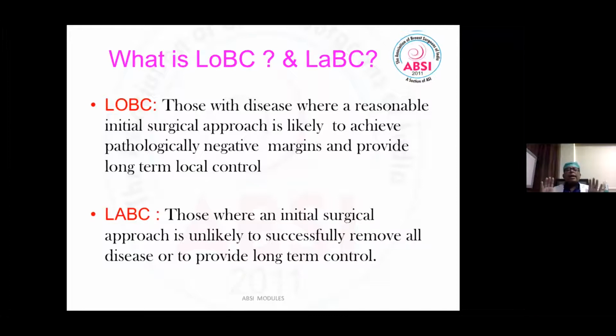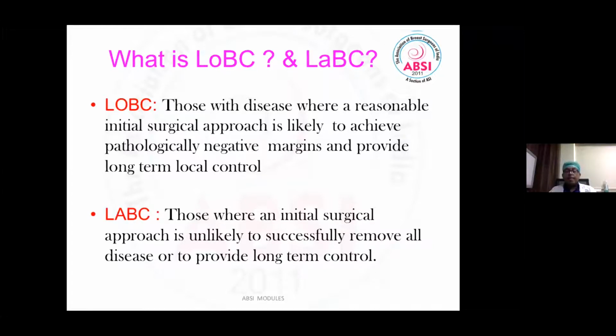Now, let us look at the data. What happens if you give chemotherapy first and then go for surgery? On the contrary, if it's a large operable cancer, you do surgery and then go for chemotherapy. The overall survival is the same, be it surgery first followed by chemo if it's operable, or chemo first followed by surgery.